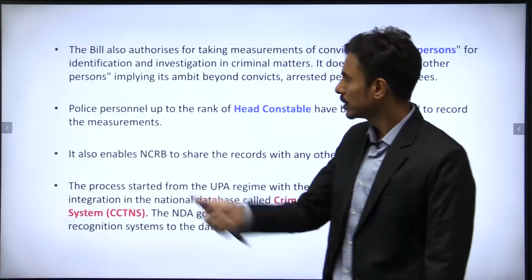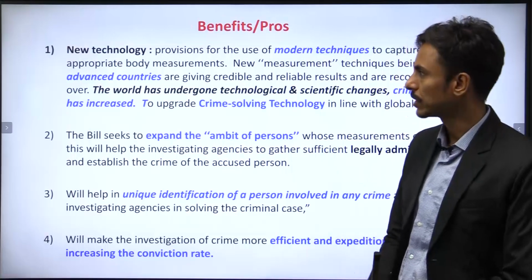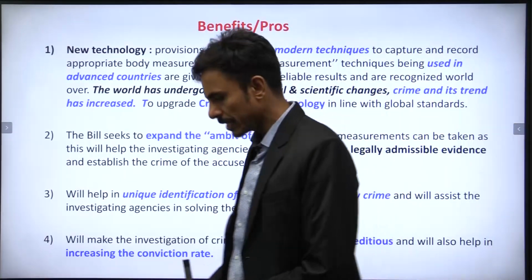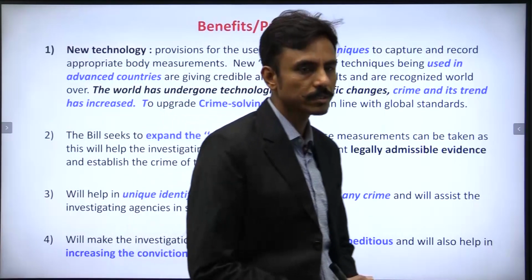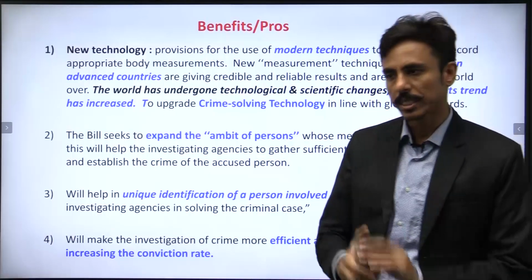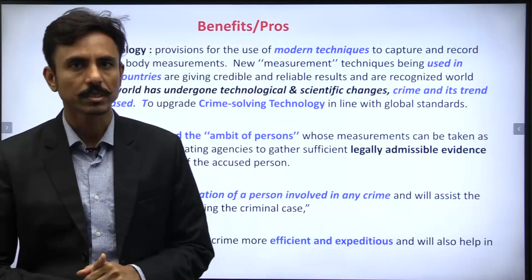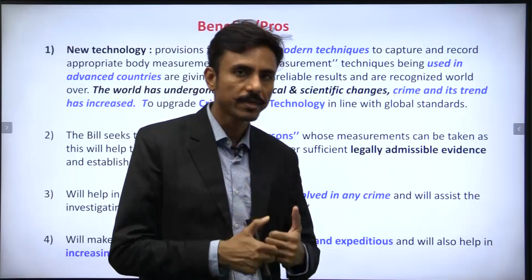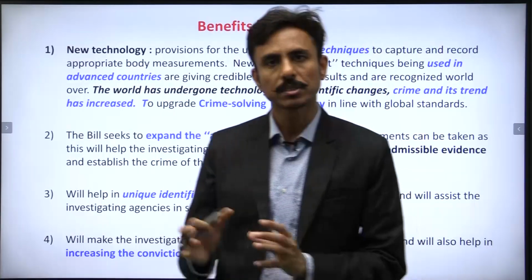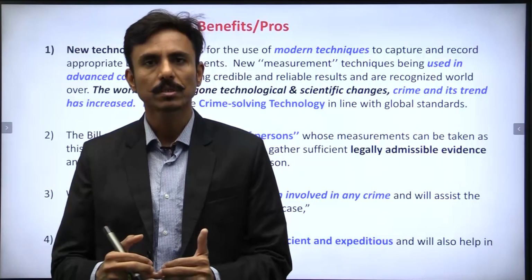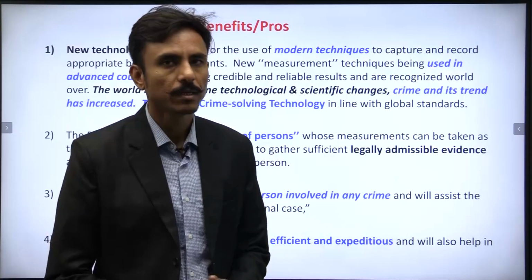Guys, very important. Let us discuss the benefits or the pros of this bill. The bill is definitely ensuring changes in technology. With the adoption of new technology like facial recognition, and iris and retina scanning, the criminal identification system would become more robust and more efficient, correct?